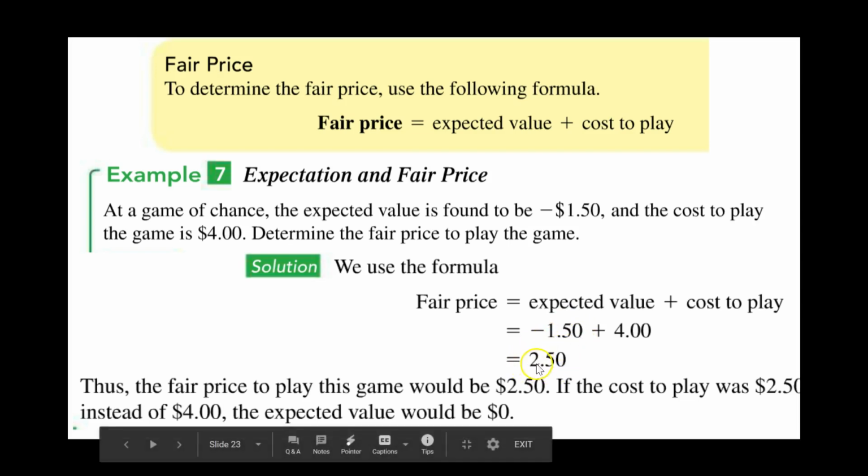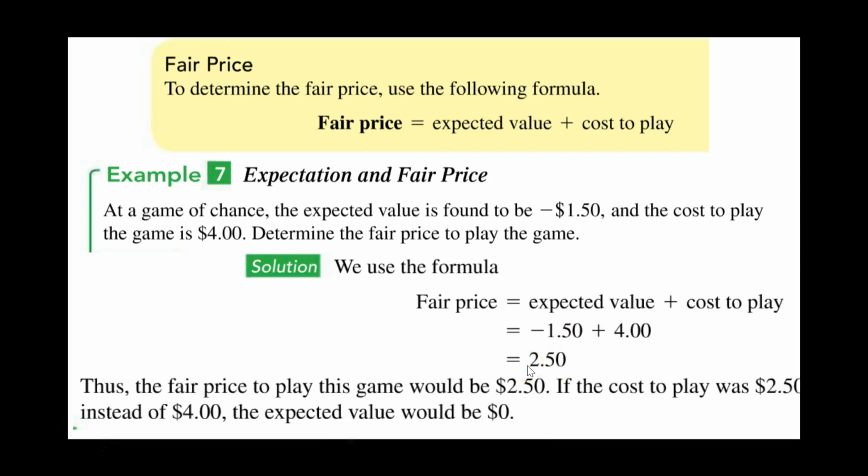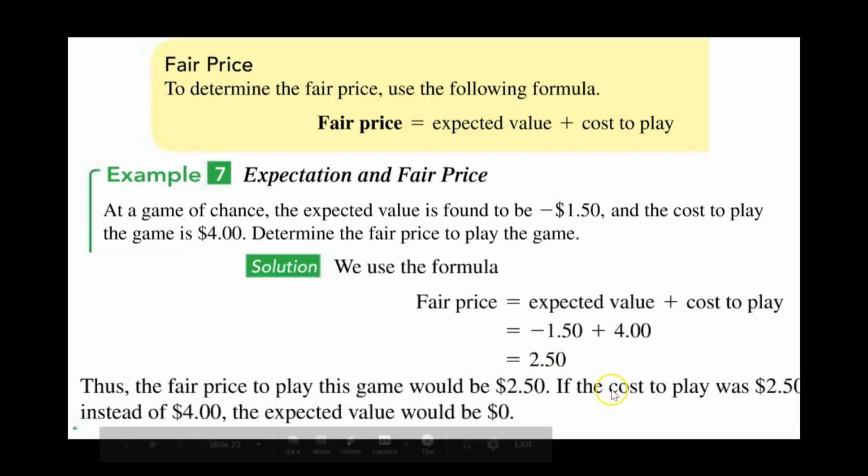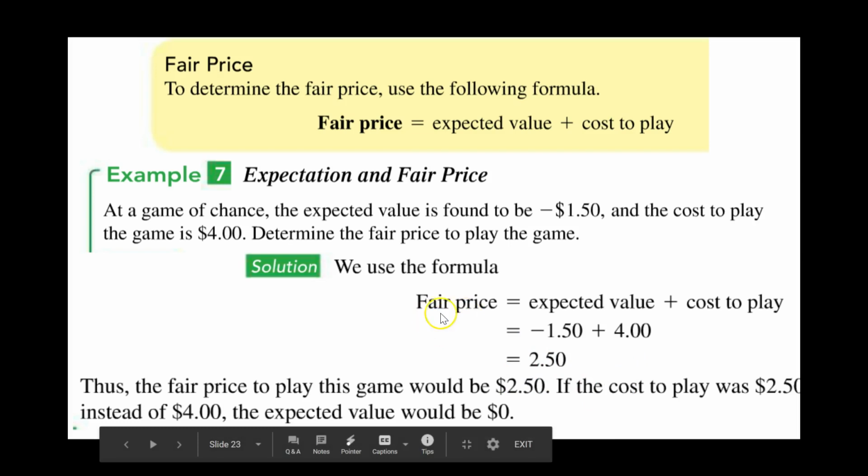So really, they should be charging me $2.50 to play this game, as far as the fairness of the game and the bent rim. But it is what it is. I love the joy of playing it, so hopefully I win a big stuffed animal. But besides that, this is how we understand the fair price of a game is really supposed to be $2.50. They bent the rim a little bit too much.